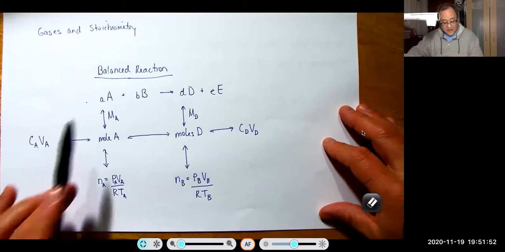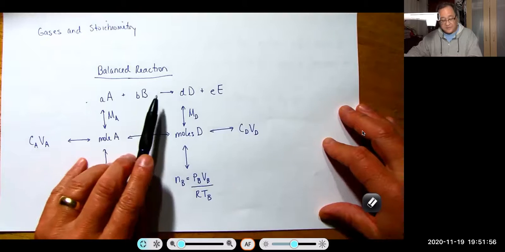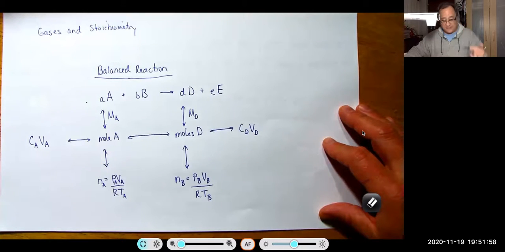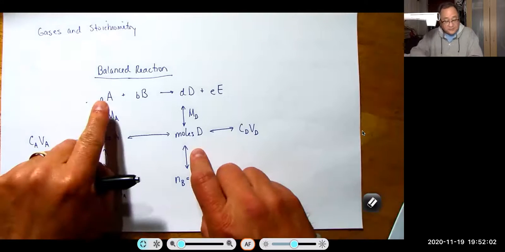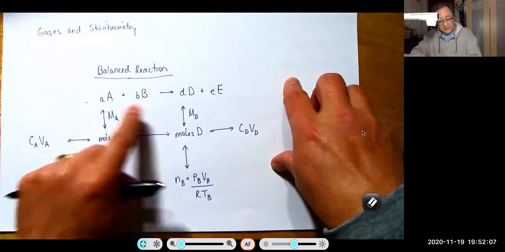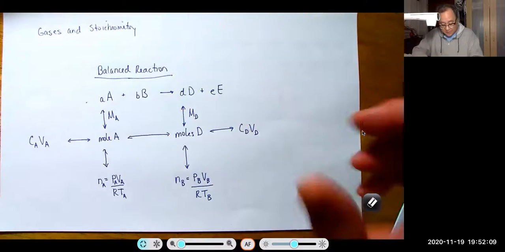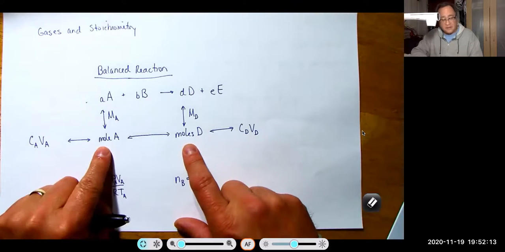So here we have a balanced reaction. A moles of A reacts with B moles of B to give you D moles of D and E moles of E. Remember, the key to going between one substance and another, regardless of whether it's A to D, A to B, B to D, or whatever, in this case, I'm going A to D, is that we need moles of A to get moles of D, or vice versa.